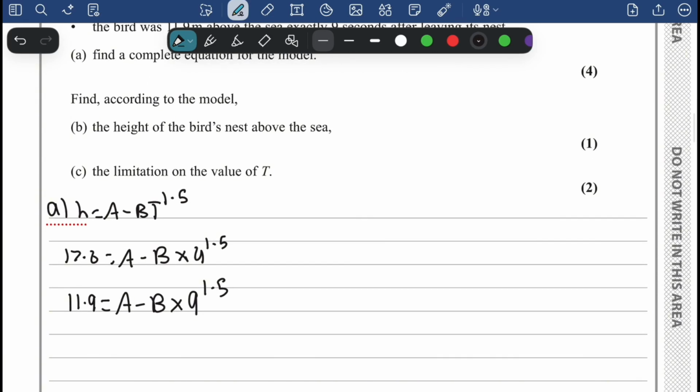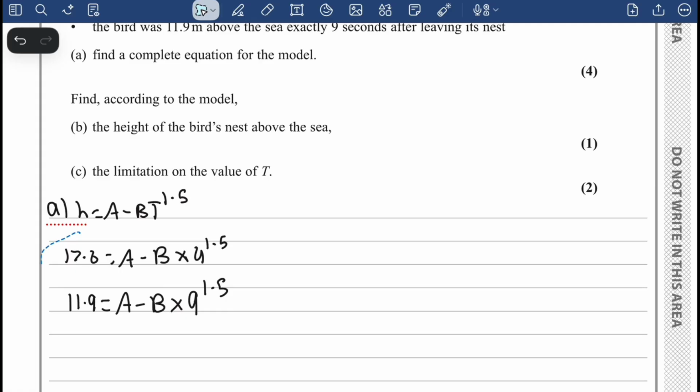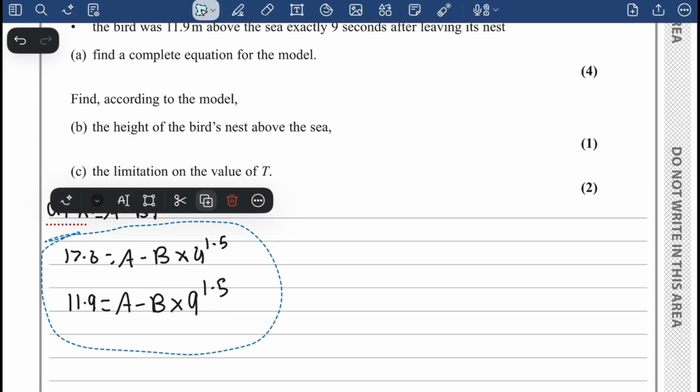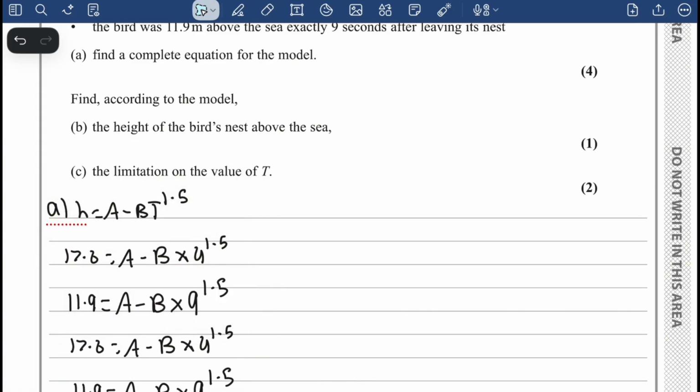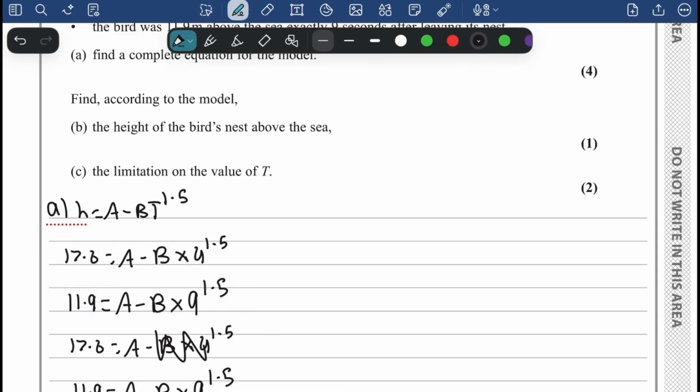So if we just tidy this, 4 to the power of 1.5 is going to be 8. Let's copy this, bring it down. Nice. So we're saying b times 8, right? So just a and b.